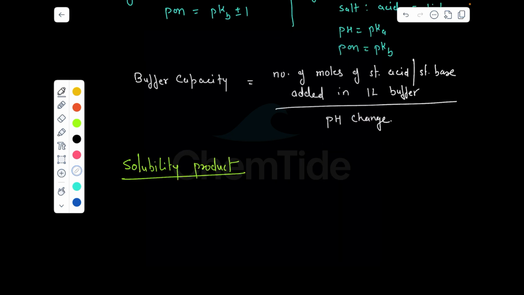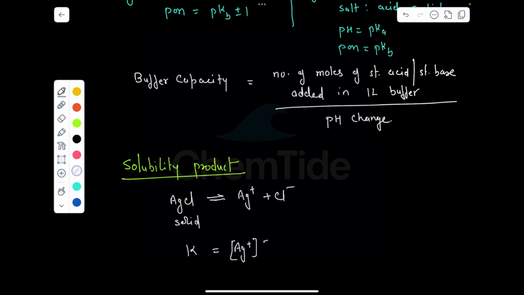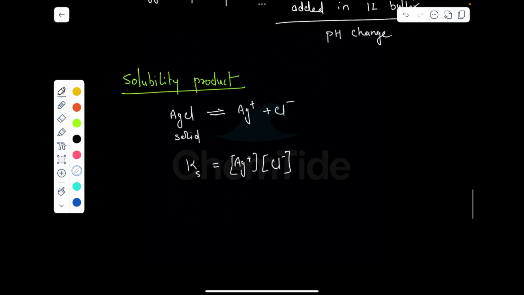Solubility product is only valid for those electrolytes which form a saturated solution, like AgCl. This is the solid, forming the saturated solution Ag plus and Cl minus. So the equilibrium constant K is equal to Ag plus times Cl minus, and now the name of the equilibrium constant is called Ksp, the solubility product, and this expression is called the ionic product.